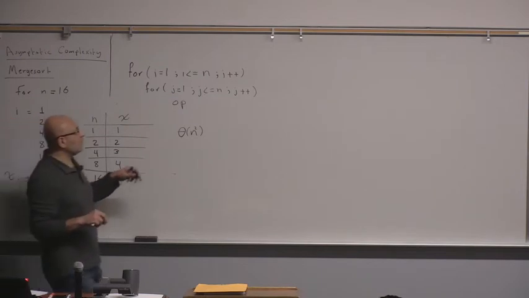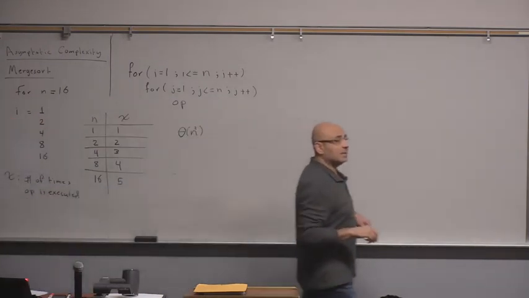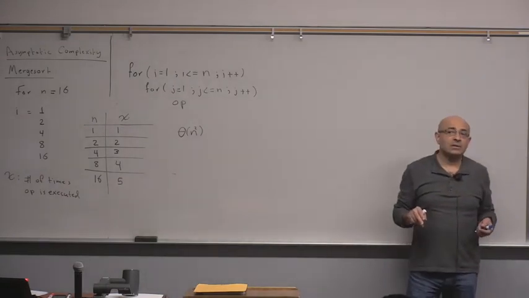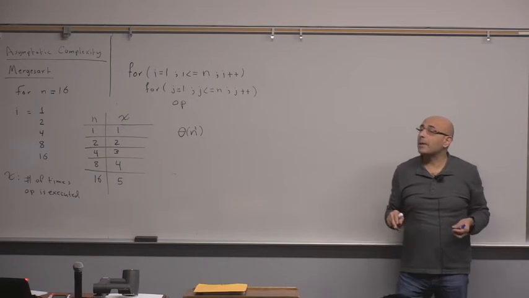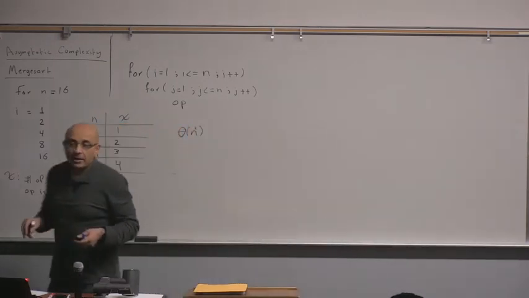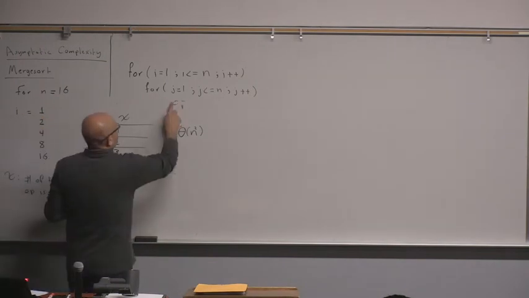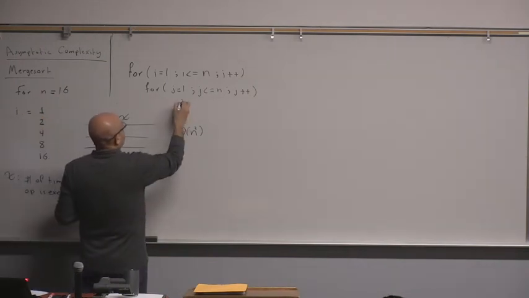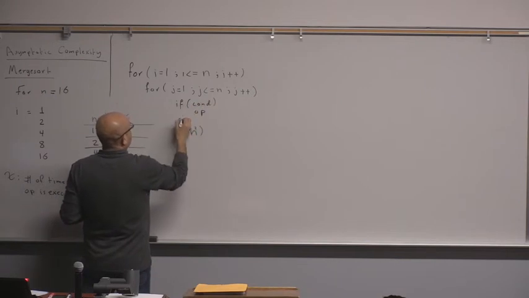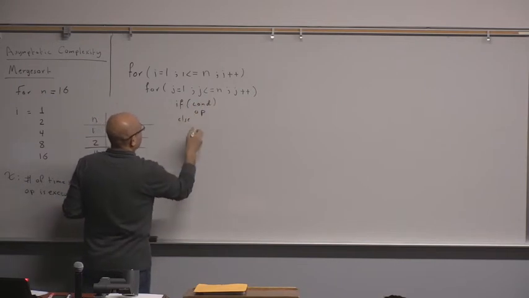But the example that we had in insertion sort ended up being n squared as well. What if we break in the operation? If there is a break? Well, when you say, okay, if some condition, do the operation, else break.